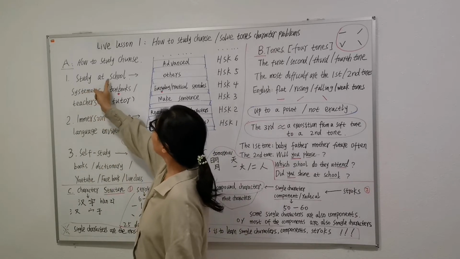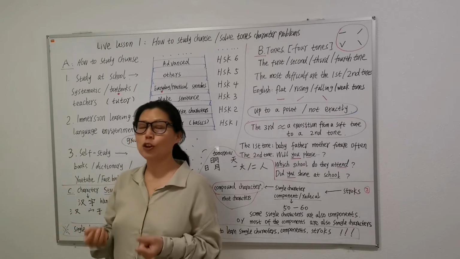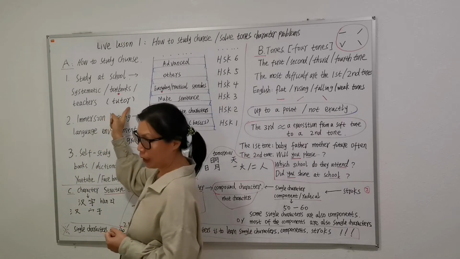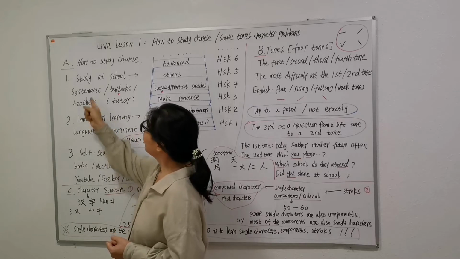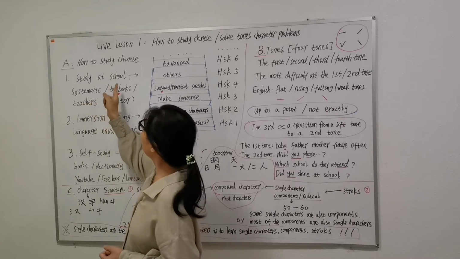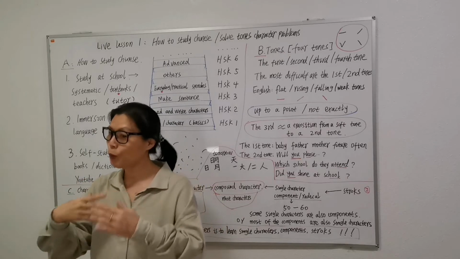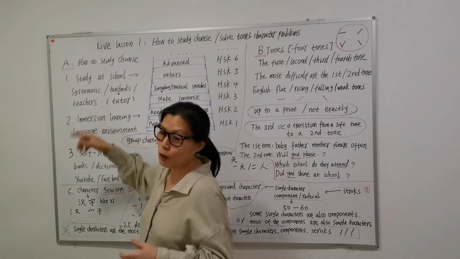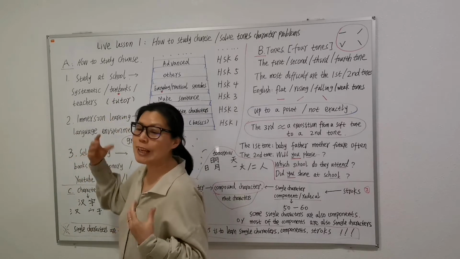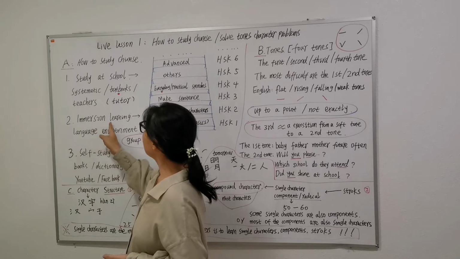If you study at school, such as going to Confucius Institute or university, or you just have a private tutor, that means you study in a systematic way. You have textbooks, teachers teach you face to face. That's easy. You don't need to think how to study. You just follow the teacher's design. It's easy.